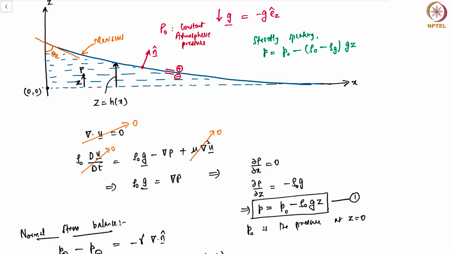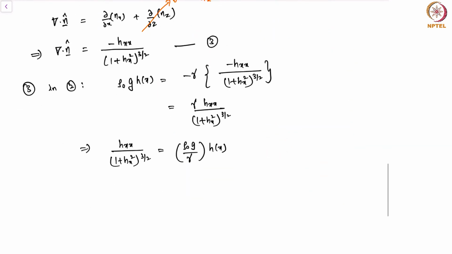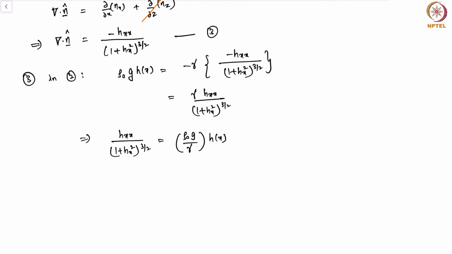This is the correct expression, but without any loss of generality I can ignore the rho gas term, because the density of the gas is so much smaller than the density of the liquid in most cases. For example, for air and water, the density of air is 1,000 times smaller than the density of water. So we have basically assumed it to be negligibly small. Otherwise, we would actually get a density difference.